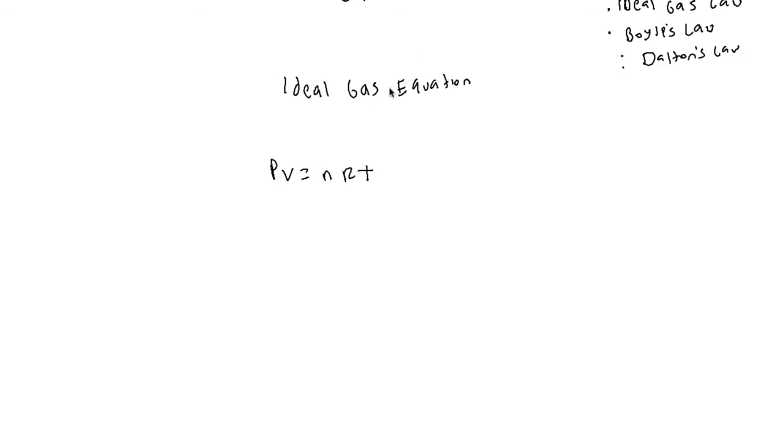So in case you're curious what each of these means, P is pressure, V is volume, N is number of moles, hashtag moles, R is your constant value, and T is going to be temperature.